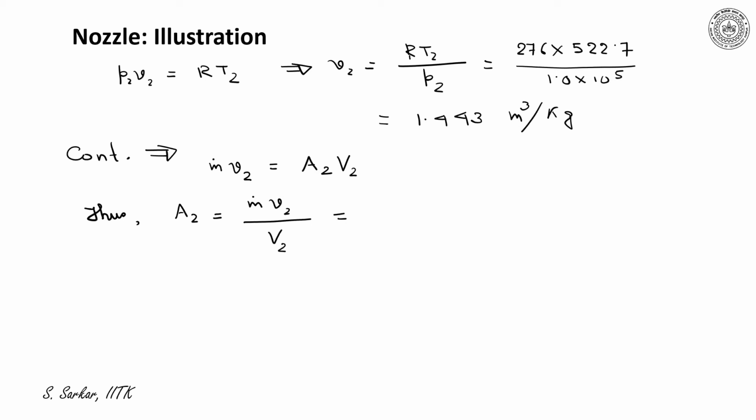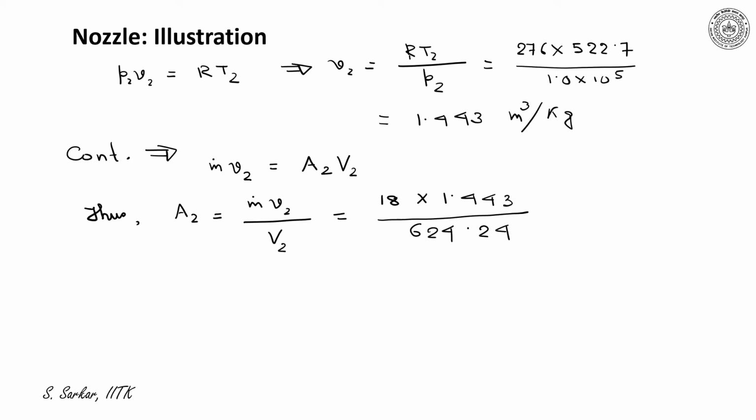M dot is given as 18 kg per second, into small v2 I have calculated 1.443, and capital V2 I have calculated 624.24 meter per second.